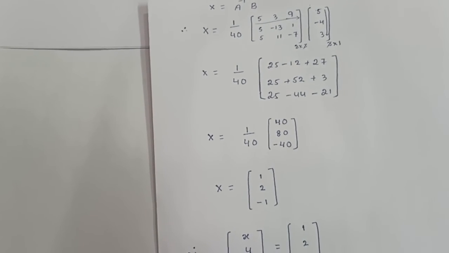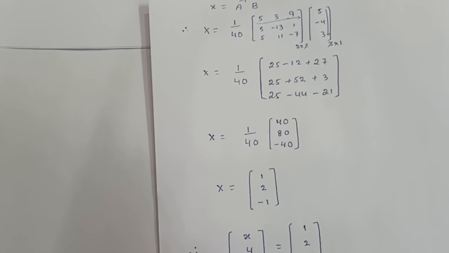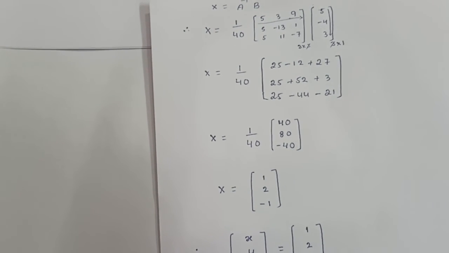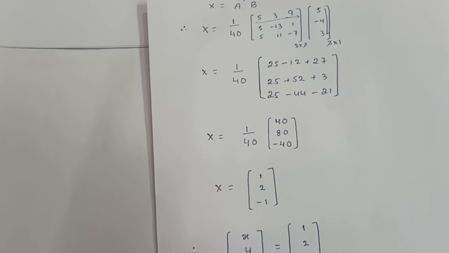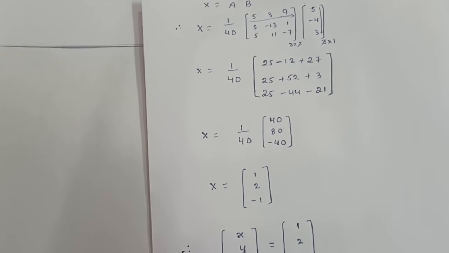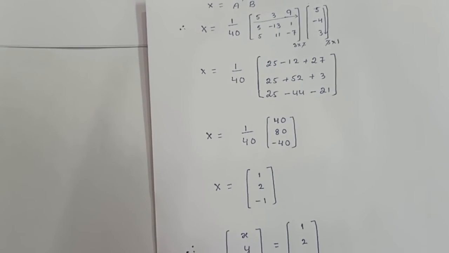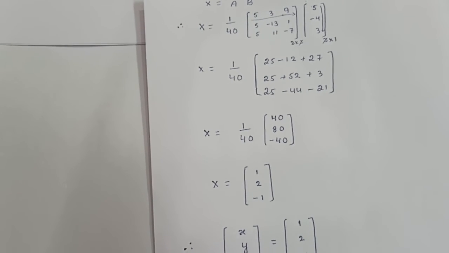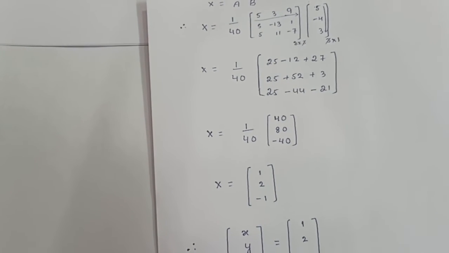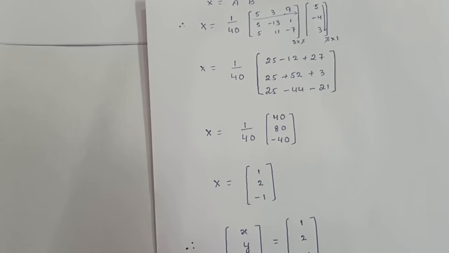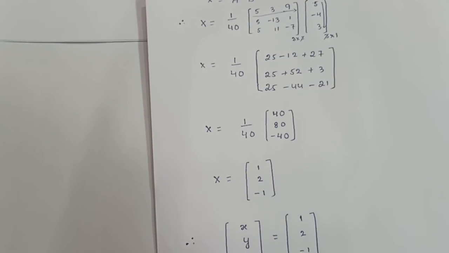Next, third row, first column: 5 into 5 is 25, plus 11 into minus 4 is minus 44, plus minus 7 into 3 is minus 21.